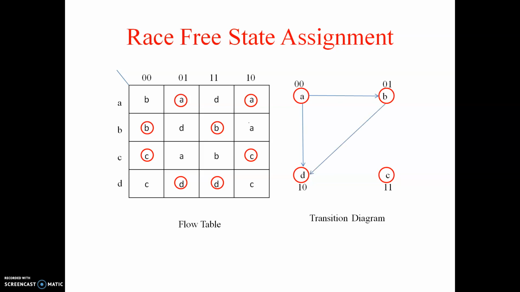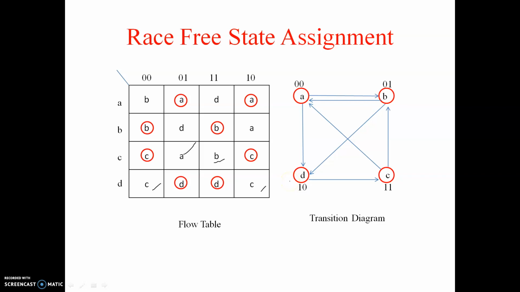Then B to D and B to A. Next we take C: C to A and then C to B. And from D it goes to C. From this flow table we have marked the transient diagram.